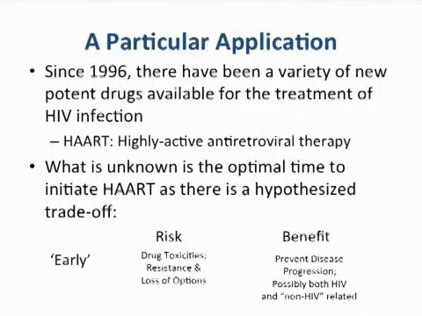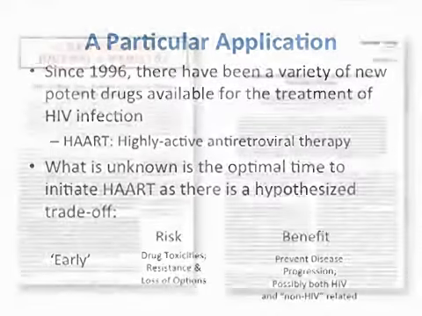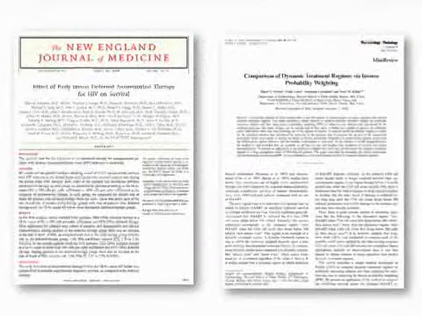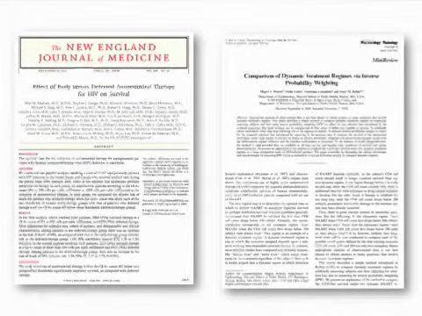Is it better to potentially, since HIV is more of a long-term disease, can I wait a little bit, wait until I really have a much higher risk, and then initiate therapy? So there are potential risks with initiating early. There are potential benefits of preventing disease progression, as well as preventing other degradation of the immune system.